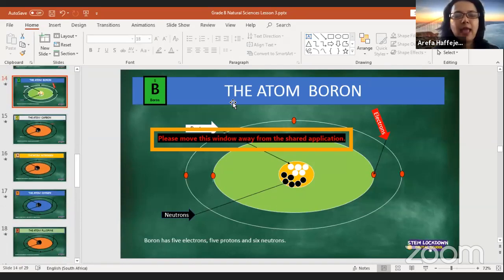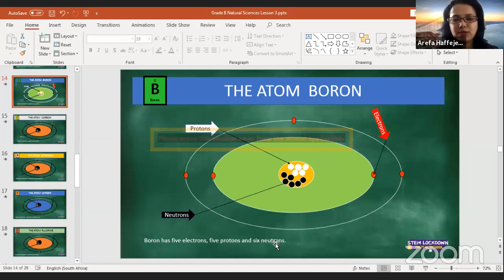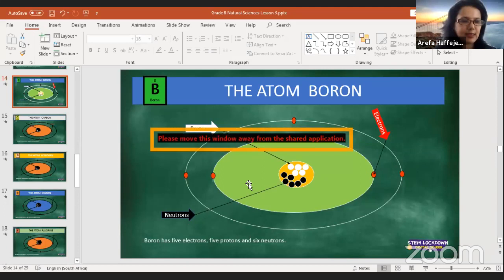Okay, so we have the atom boron. So boron, it has 5 electrons, 5 protons, and 6 neutrons. So here you use your protons here, your electrons are outside, 1, 2, 3, 4, 5, and then neutrons are 6. We have the carbon atom.